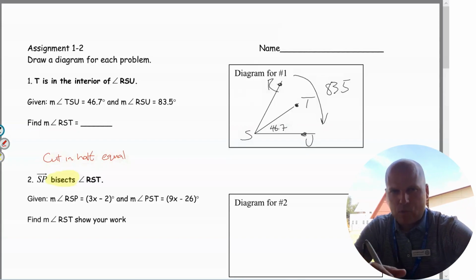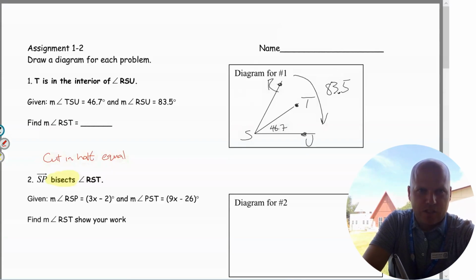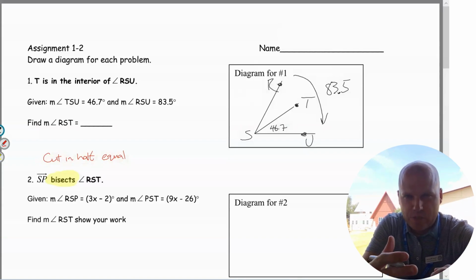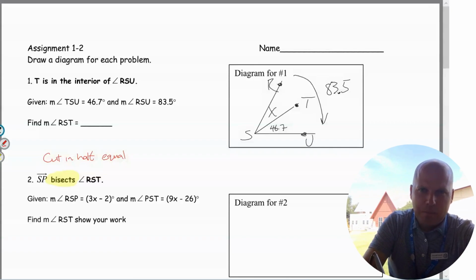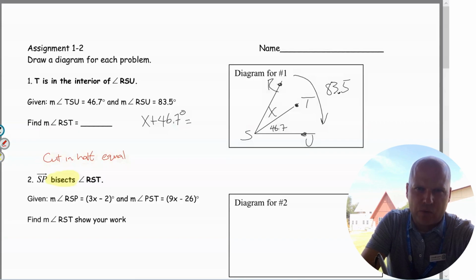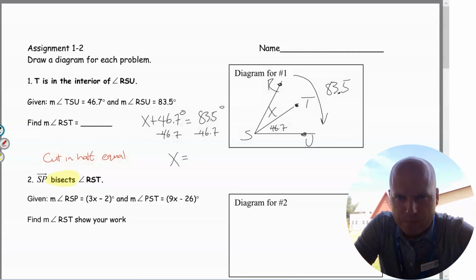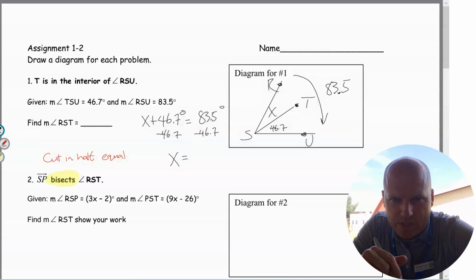Very much like middle school math would be to just get the number, doing the correct operations, but being prepared for more complicated things, maybe it's easier to say x plus 46.7 degrees equals 83.5 degrees. And knowing, oh yeah, we have to subtract those two numbers. Many of you are going to see that right away, but maybe this is going to help us for more complicated questions down the road.